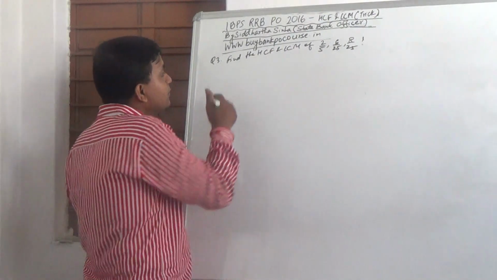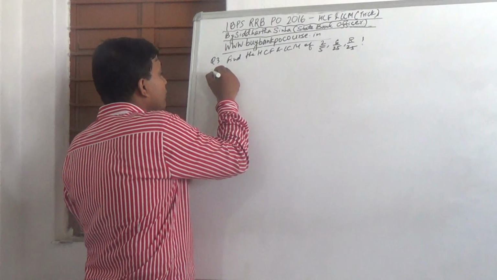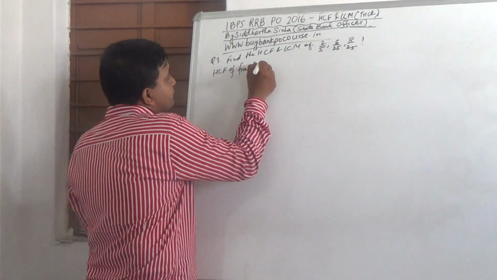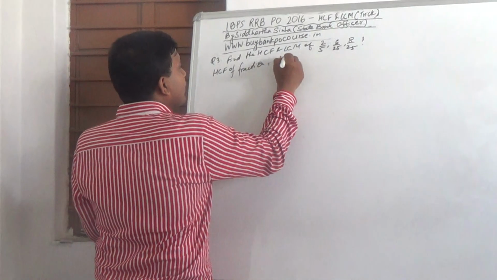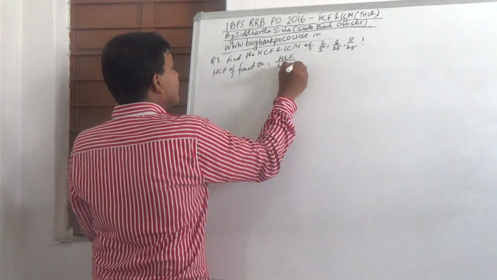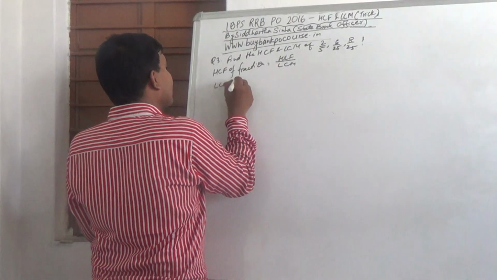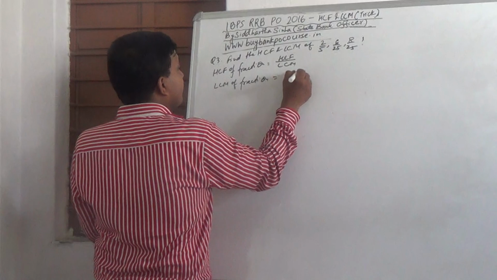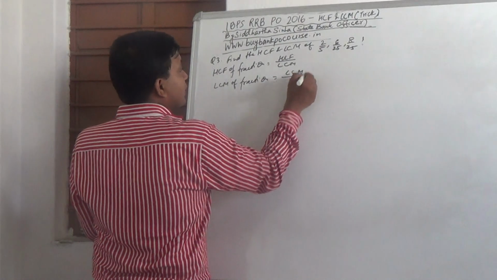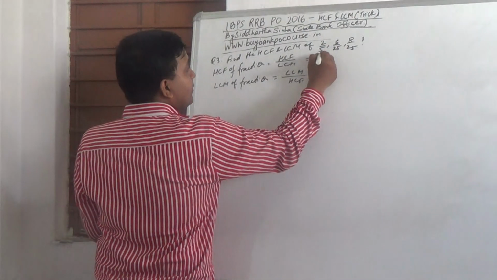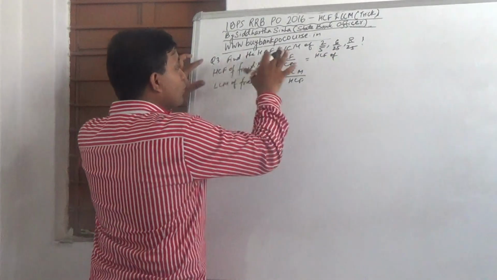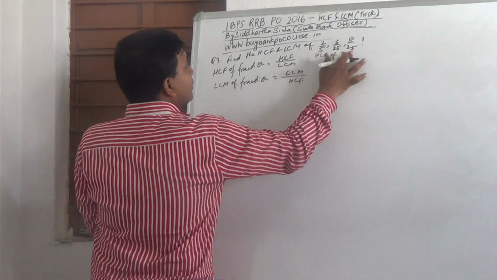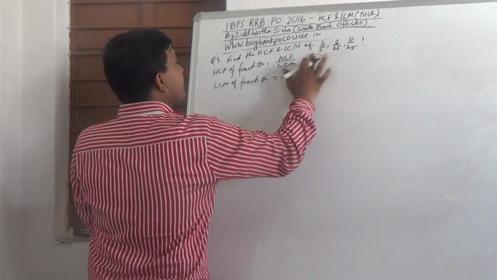Please be considered here. Whenever it's the HCF of a fraction, it will become HCF of numerators divided by LCM of denominators. Whenever the LCM of a fraction is being asked, just reverse it: LCM by HCF.